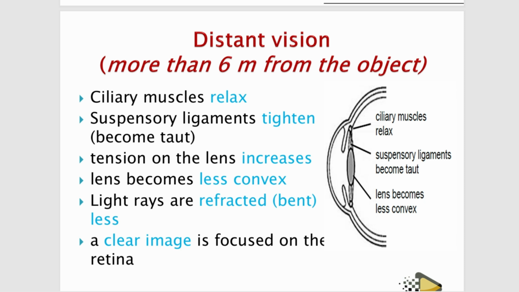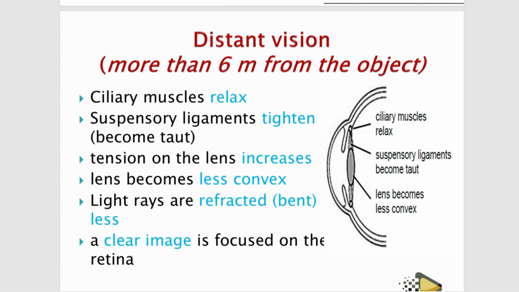For the other one, the ciliary muscles contract and the suspensor ligament becomes tight. Then you talk about the lens becoming less convex, and the other becoming more convex.